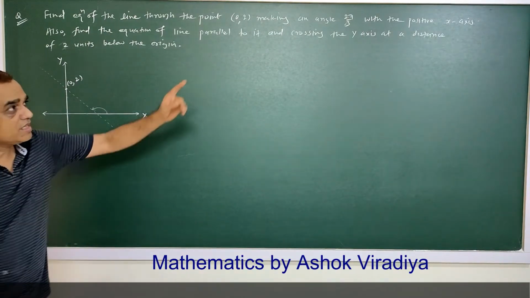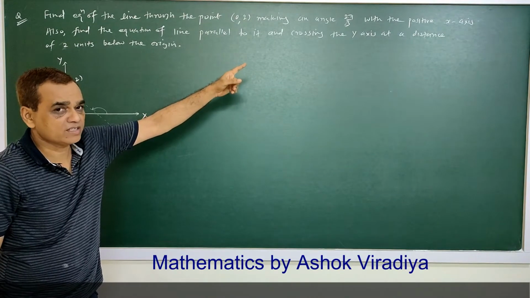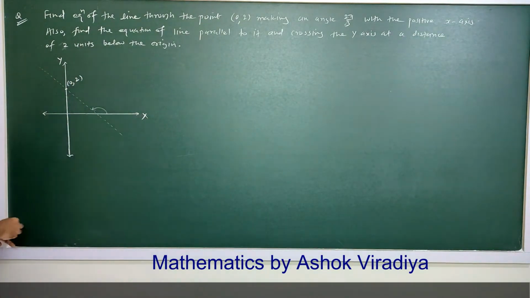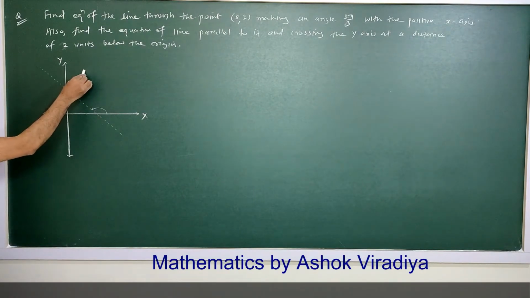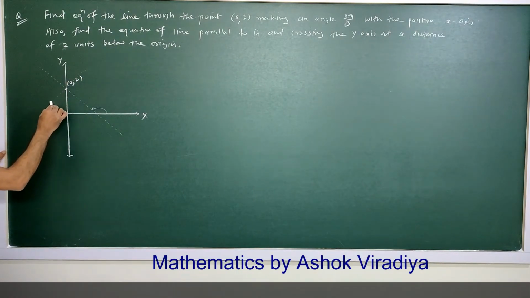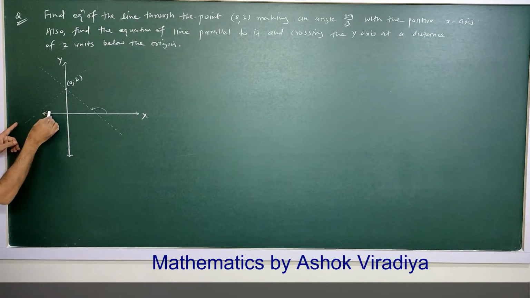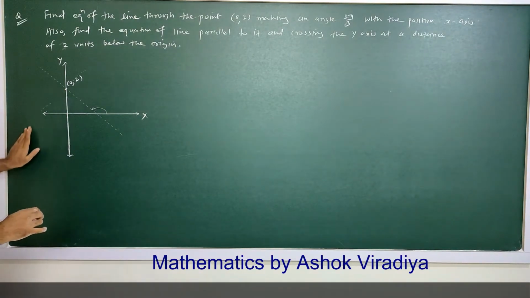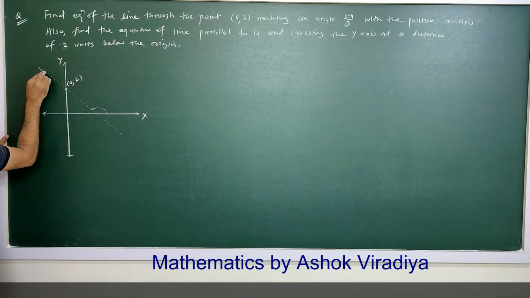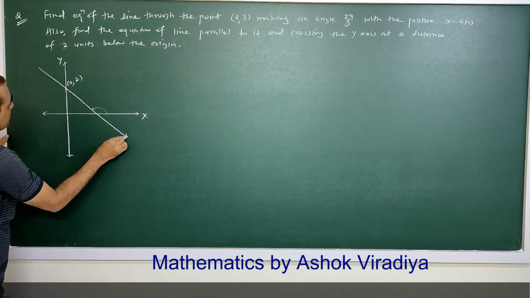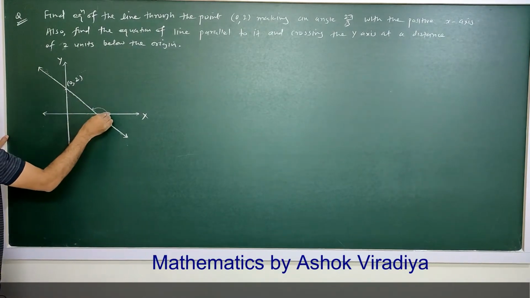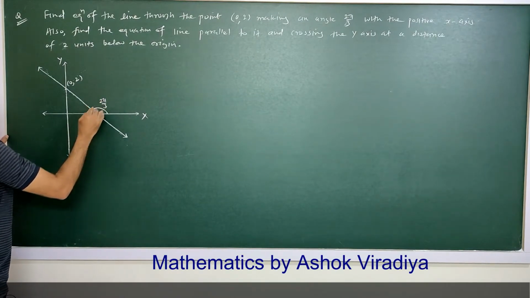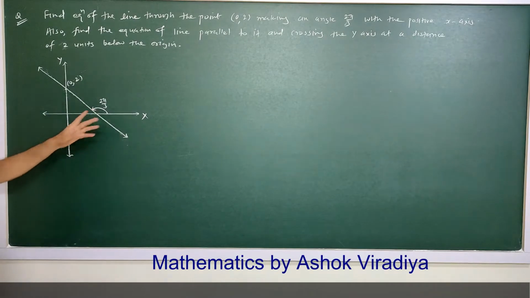Otherwise, if the angle is acute, suppose pi by 3, then to create pi by 3 you have to take the line from this side in this direction. But here we have 2 pi by 3. So taking this line passing through (0, 2), this angle 2 pi by 3 is the inclination of this line.